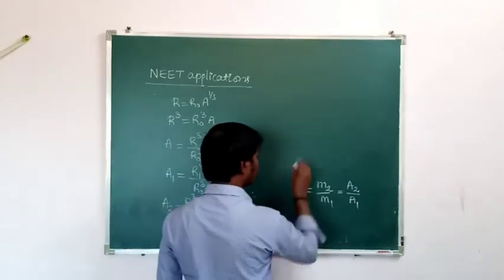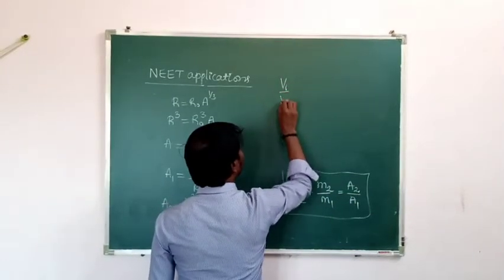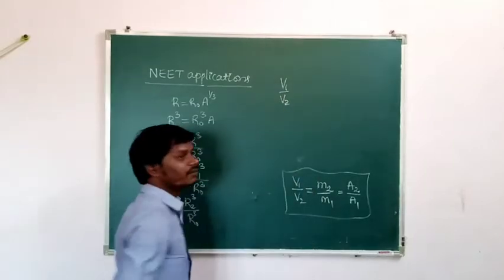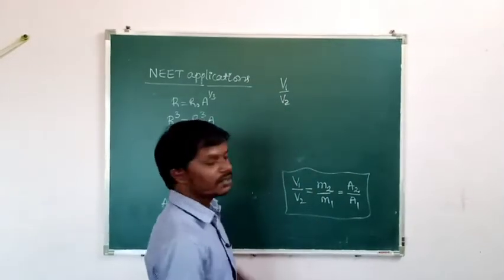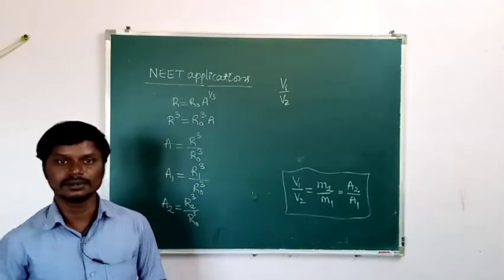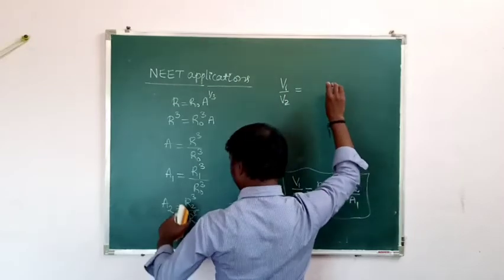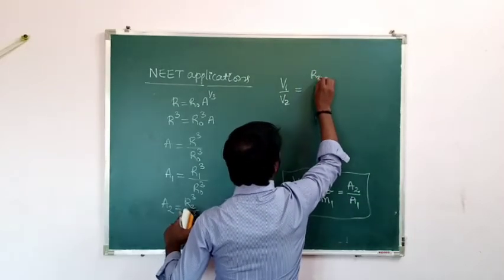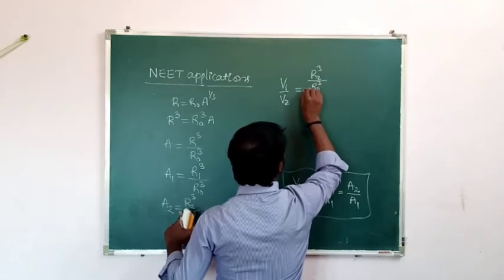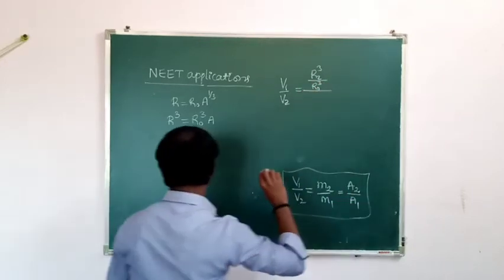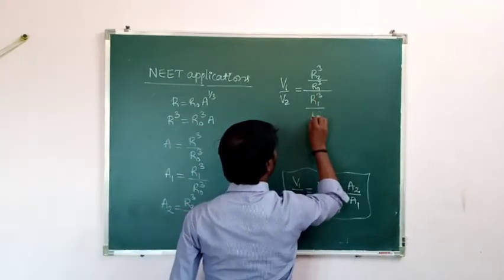Then this equation can be written as V1 by V2. Here V1 is the velocity of first lighter nucleus and V2 is the velocity of second lighter nucleus. Then V1 by V2 is equal to A2, that is R2 cube divided by R0 cube, whole divided by R1 cube divided by R0 cube.